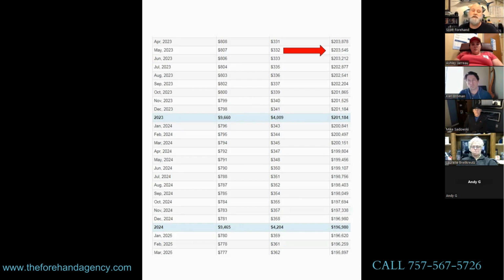It just skews slightly each month where you're paying a little bit more principal and a little bit less interest. To illustrate that, in October of 23, we had $800 of the premium payment going towards interest and $339 going towards principal. The very next month, we had $799 going towards interest and $340 going towards principal, and so on.